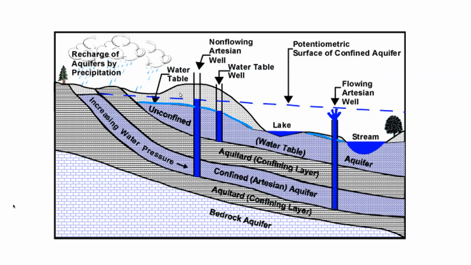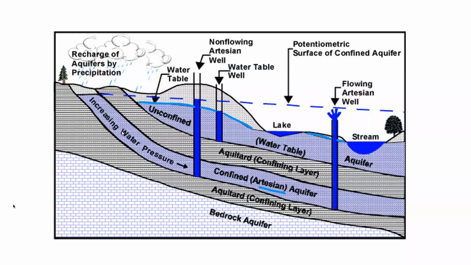And this water table aquifer is going to easily be able to interact with incoming precipitation and will change as a result of changes in things like precipitation taking place in these environments. In comparison, a confined aquifer, which we have below, or sometimes these are called artesian aquifers, are separated from the atmosphere itself.